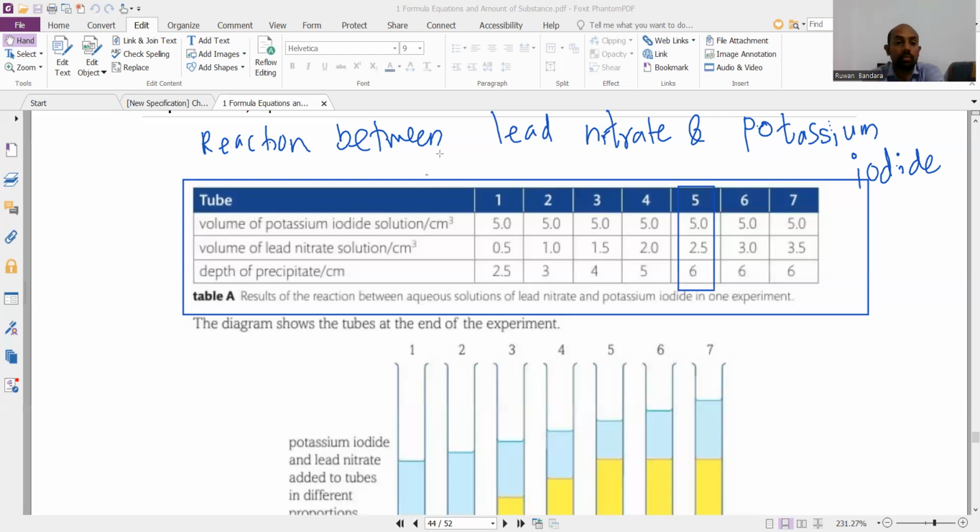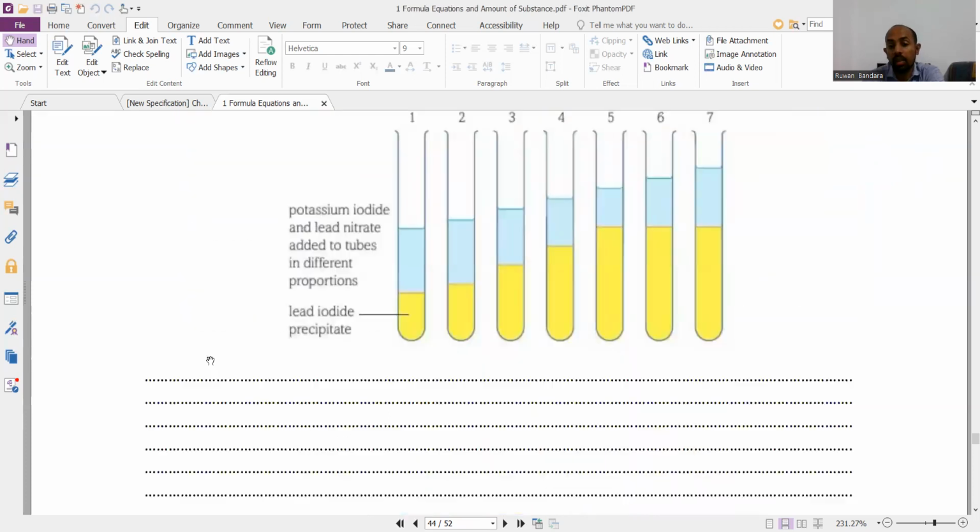That's how they found the reacting ratio.